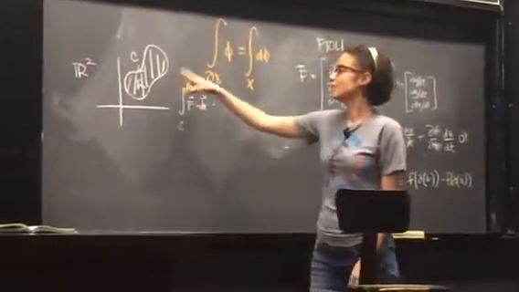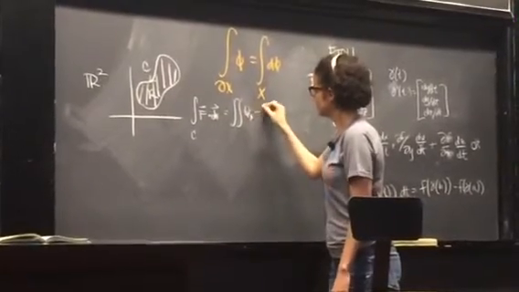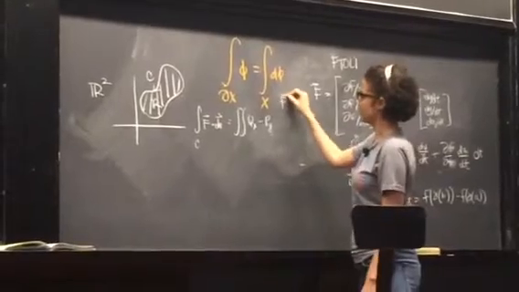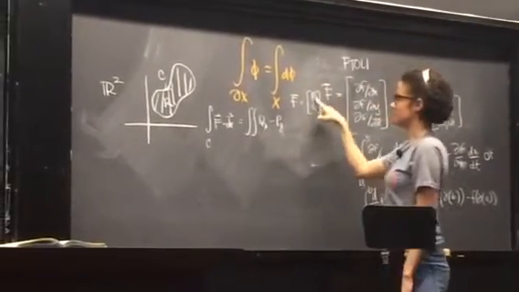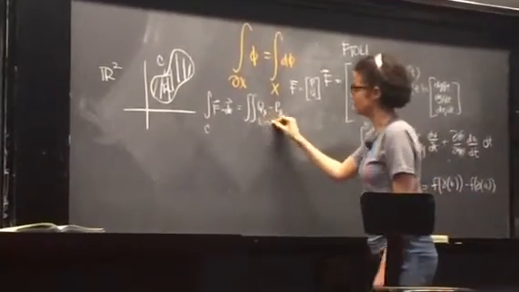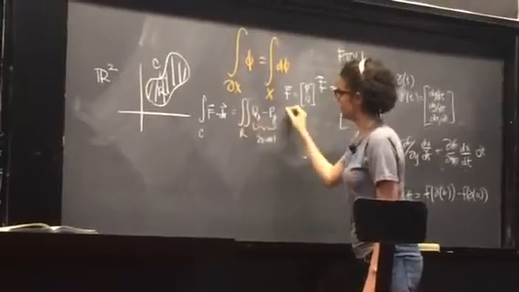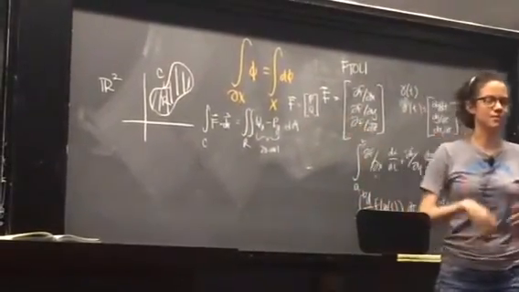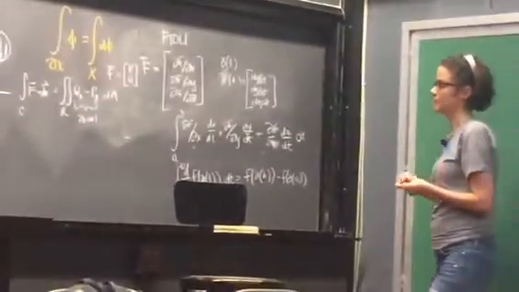But it's the line integral around the oriented boundary is equal to, this is usually what it looks like, q sub x minus p sub y, where f, the vector field, is p, q. That's two-dimensional curl over the region. I should say dA, because it depends on whether you want to integrate with respect to x first or y first or whichever. So that's Green's.